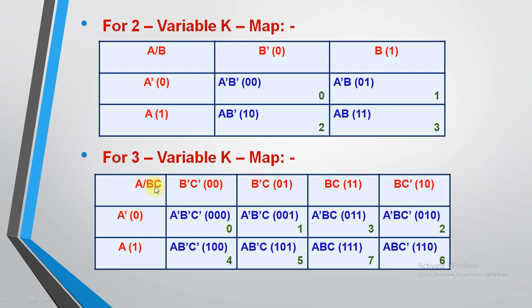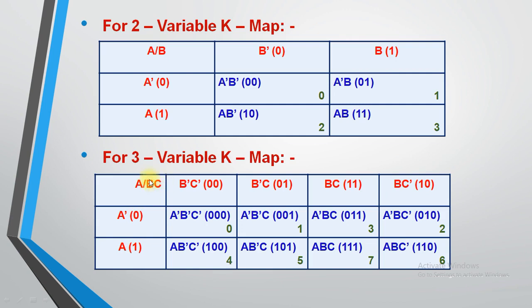So what we have done is make a partition: the first variable is written over here, and the second two variables, that means B and C, I have written as columns. Now see, for one variable there are only two possibilities, either 0 or 1. So 0 and 1 I need to write over here.